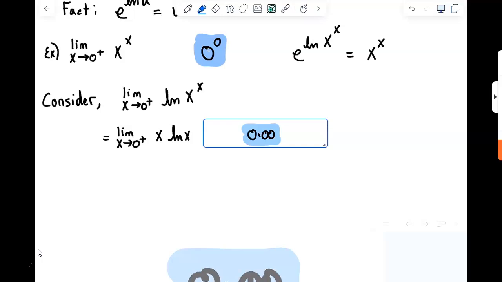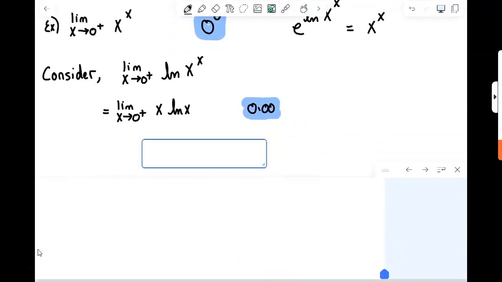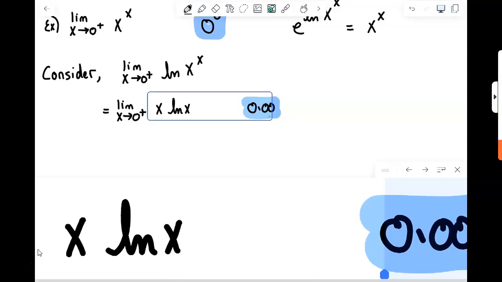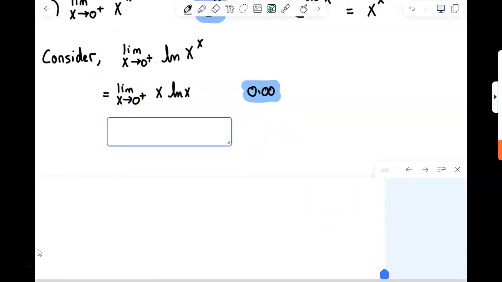As again, all three of these will be when you apply a logarithm to them. They will turn into 0 times infinity or infinity times 0 limits. Remember, we can compute those by taking one of these two things over the reciprocal of the other.